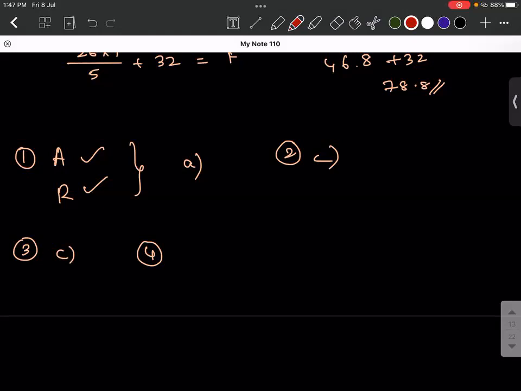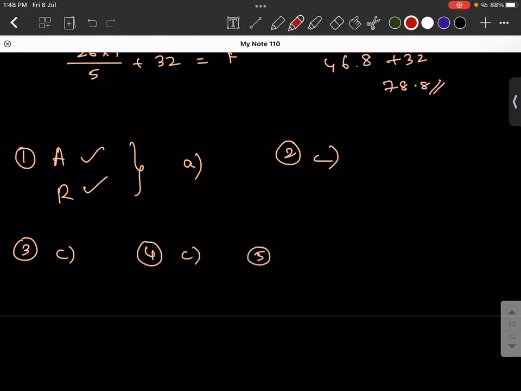This equation is separate, this equation is separate. The highest power of variable present in both the equations is 1 only, no? That is what they say. So assertion is true. What about the reason? The degree of a linear equation in two variables is 2. False, because linear equation itself means 1. So A is true. Again, C is the right answer.